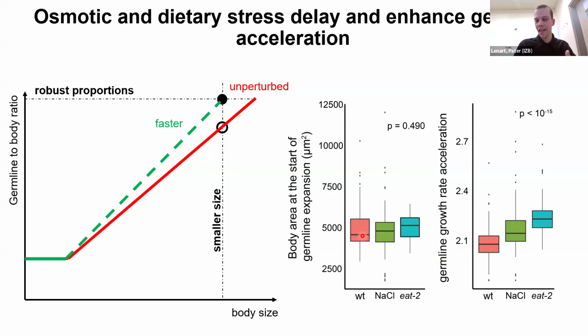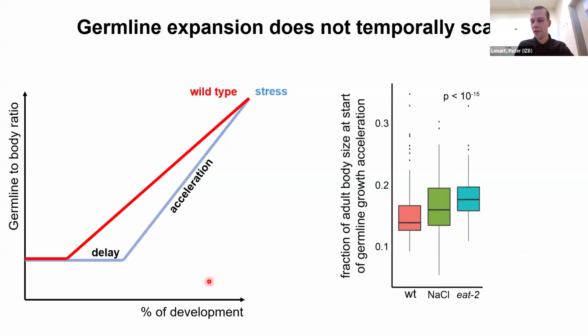And because of that, if I change the axis of this illustration to development, it looks very different. So basically, the onset of expansion is delayed in time, while this phase of germline expansion is shorter because, for one, the worms are smaller at the end, and their germline grows even faster relative to the body than normally.